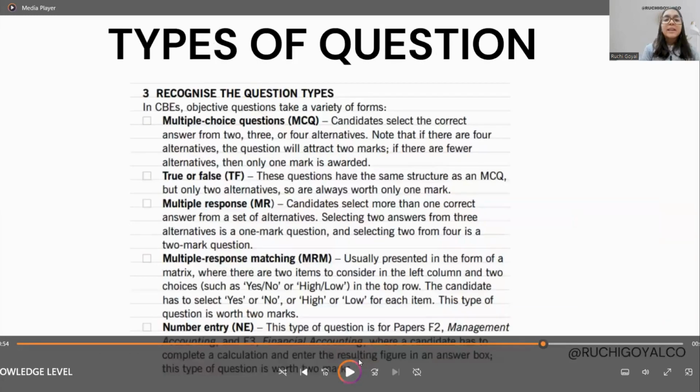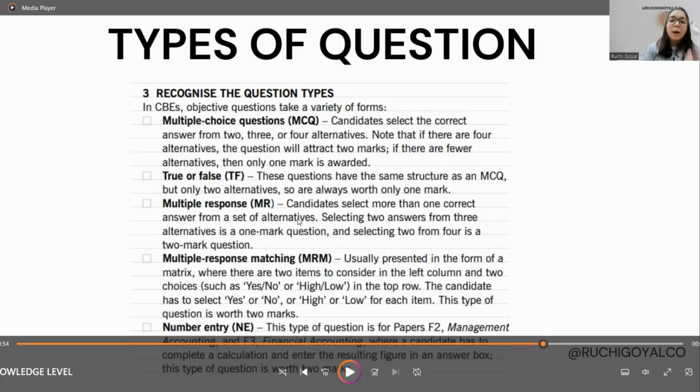Now, what are the types of questions asked at the knowledge level? They can ask you MCQs, where you will be given four options and you need to tick the correct one. Then true/false, and multi-response matching. For example, here it will be given high, low, medium, none, and you need to match things.